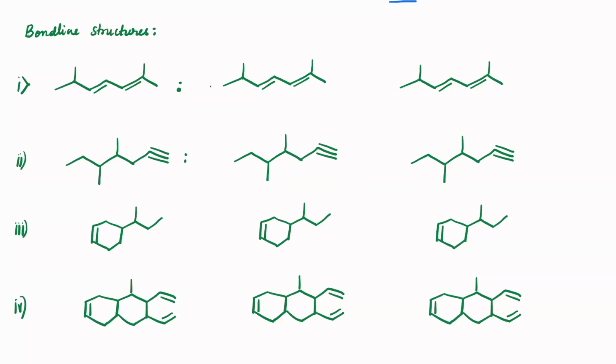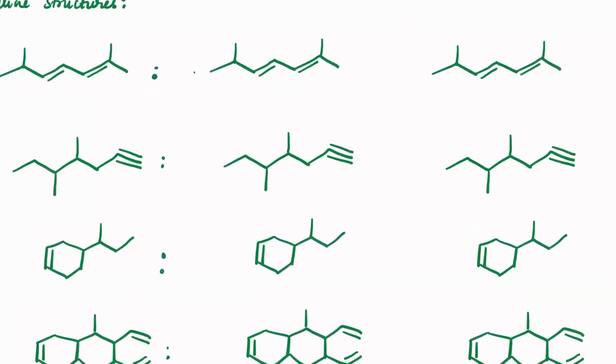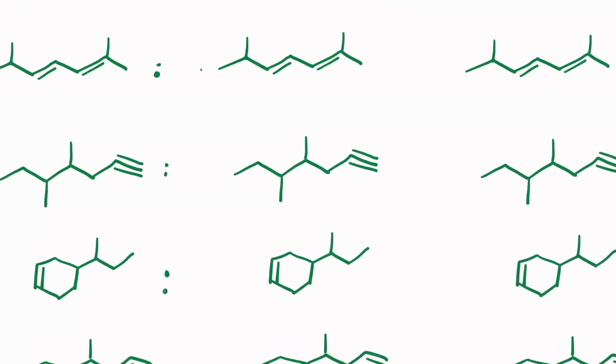So in the first case, check out every carbon. This carbon here, here, and here, here, here, here, here, here, and here. At all these positions, what is the hybridization?